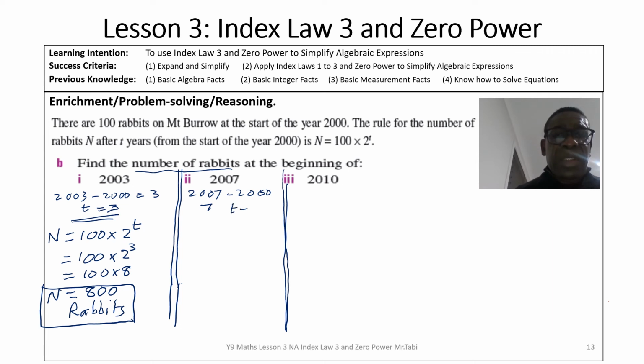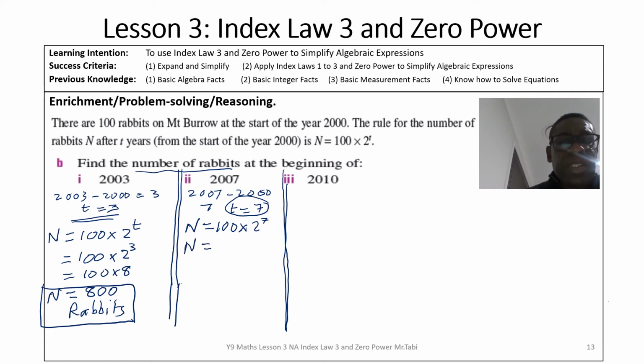So t is equal to 7. If t is equal to 7, the number of rabbits is given by 100 times 2 to the power of 7.